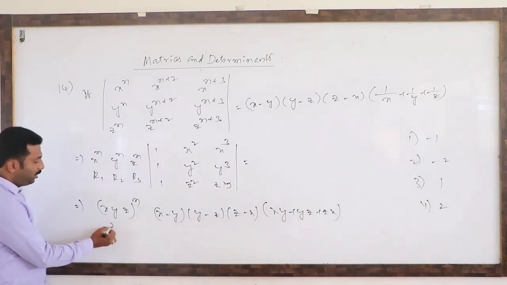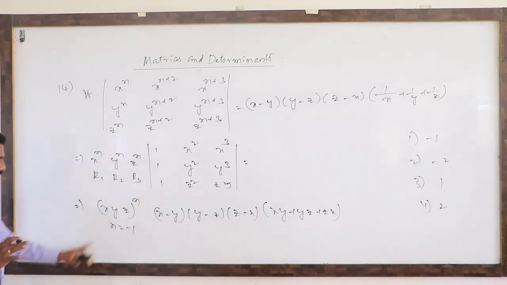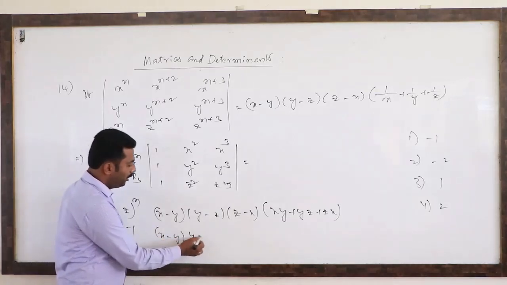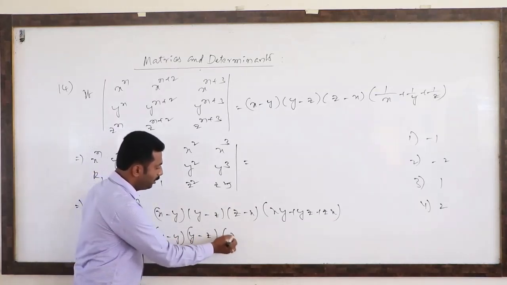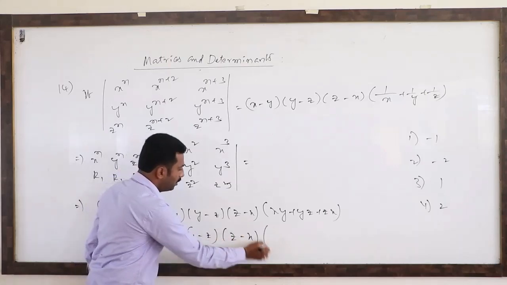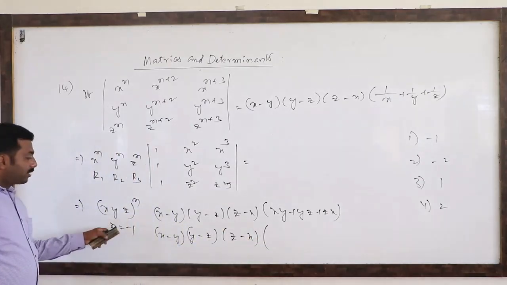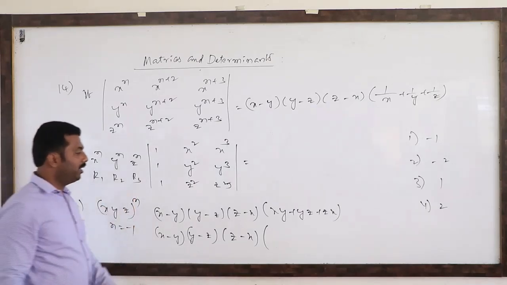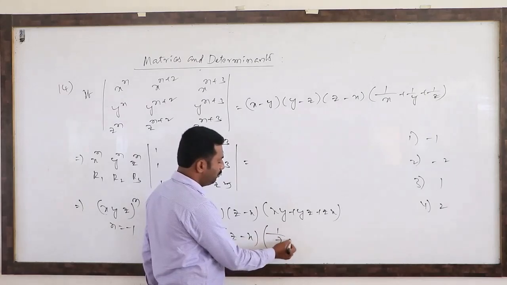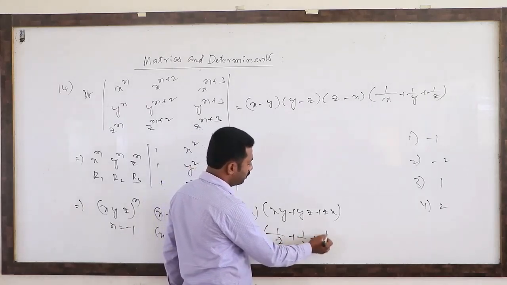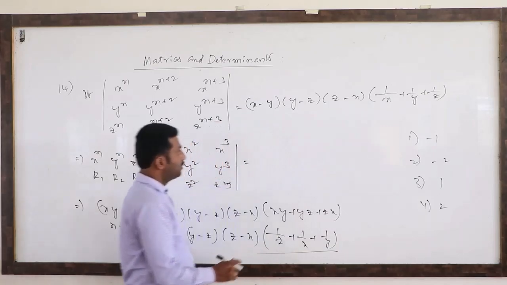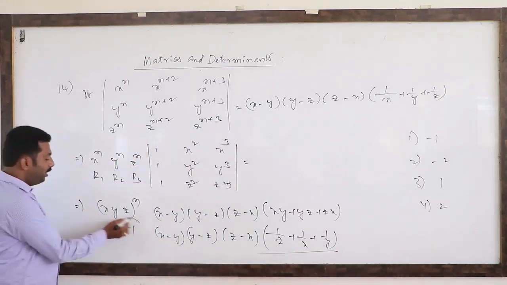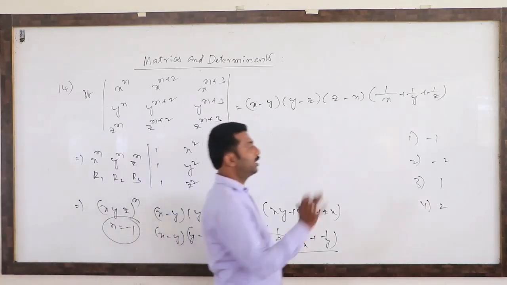So clearly, if I substitute n equal to minus 1, what will we get? See, x minus y, y minus z, z minus x divided by xyz, because this is xyz whole power minus 1, means divided by xyz, means this is 1 by z, this is 1 by x, this is 1 by y. Same values we got. Then when it is possible, n equal to minus 1 is the correct option.